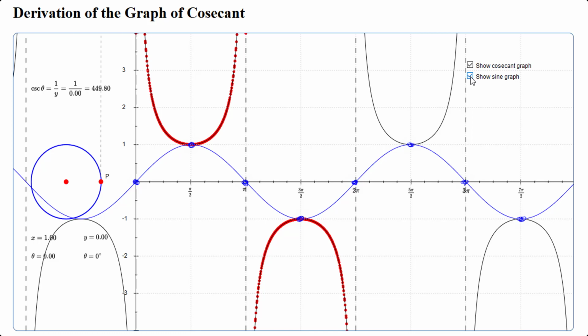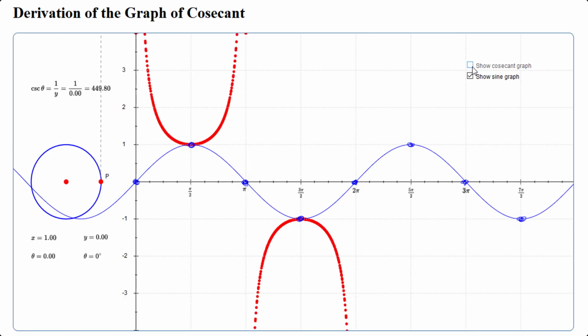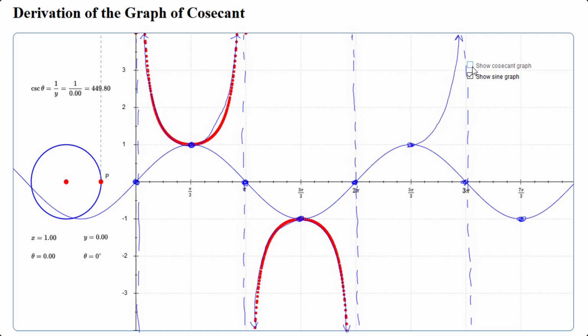So basically, if I can draw the sine wave in, then I can come up with a pretty decent graph of cosecant simply by plotting asymptotes at the values of 0, using these local minimums and local maximums to tell me where the center of that U shape is going to be, and then just draw in approximately what that U shape is supposed to look like.